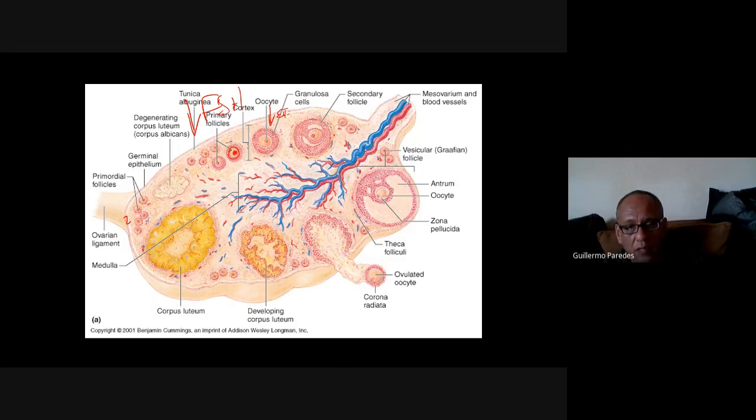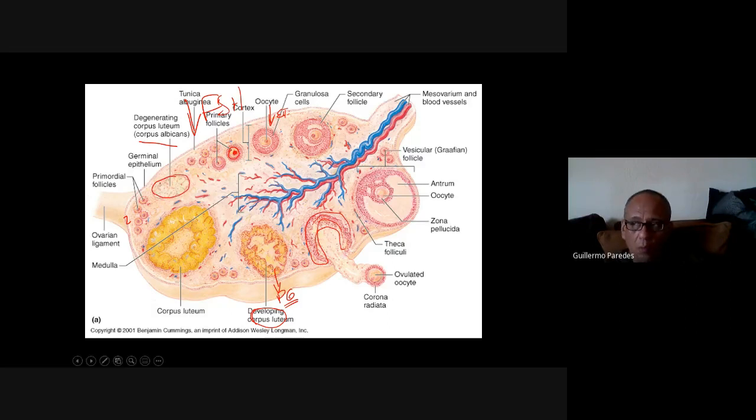After ovulation, these remnants of the follicular cells are going to stay in the ovary, producing the corpus luteum. The corpus luteum is the one who produces progesterone. And this is the corpus luteum very well developed. When you are not pregnant, the corpus luteum turns into the corpus albicans.